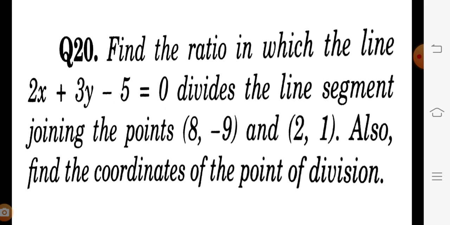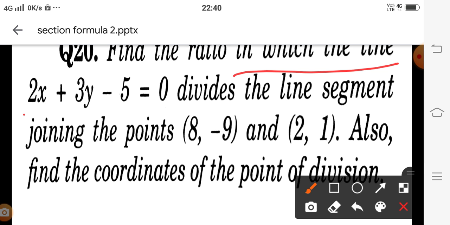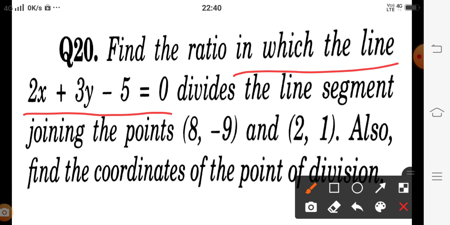Find the ratio in which the line 2x + 3y - 5 = 0 divides the line segment joining the points (8, -9) and (2, 1). Means we have a line segment, and we have a line, and that line intersects the given line segment at a point, and the coordinates of that point we have to find.